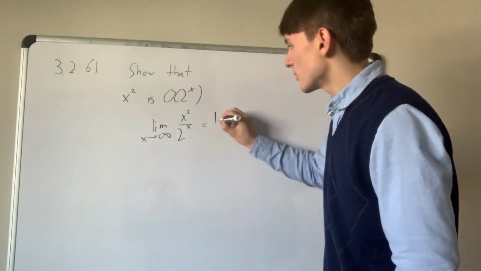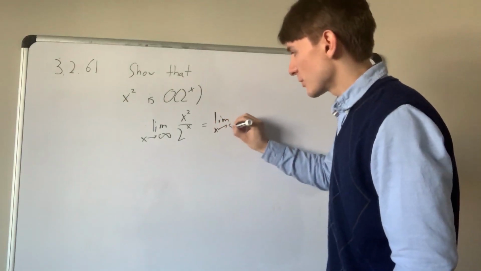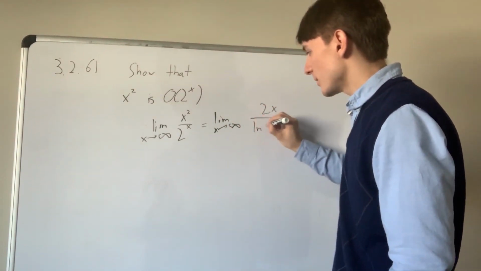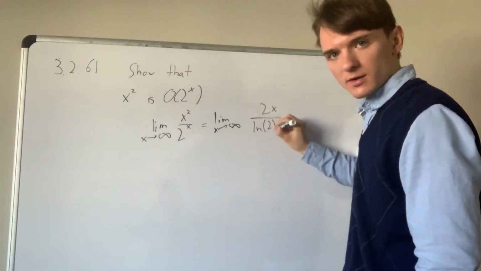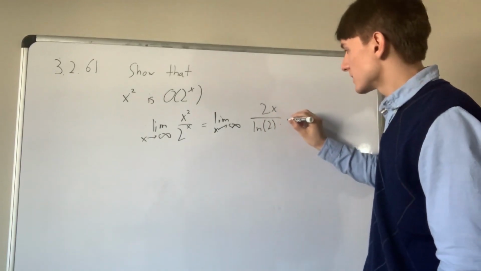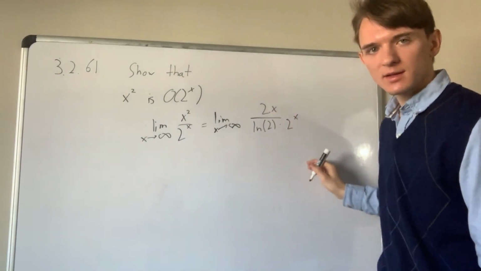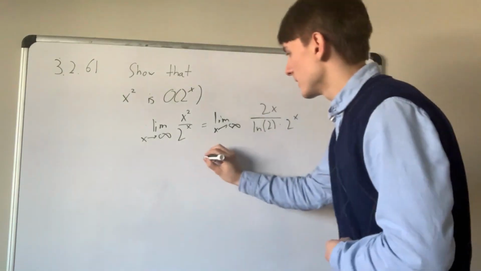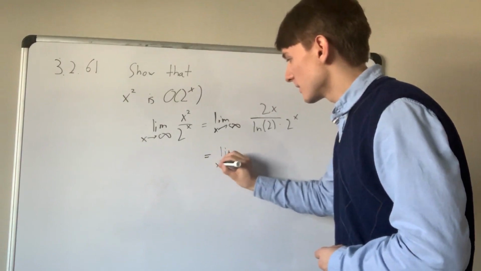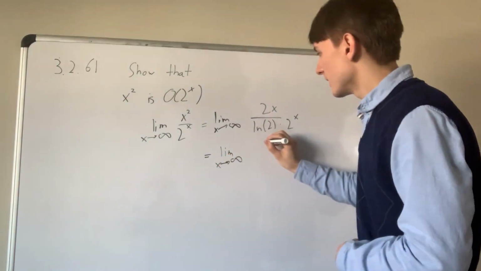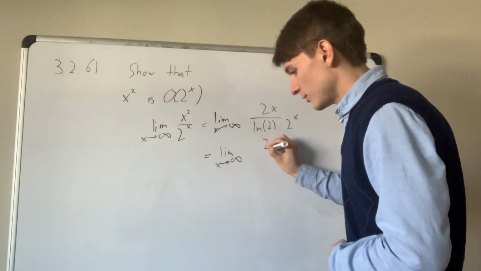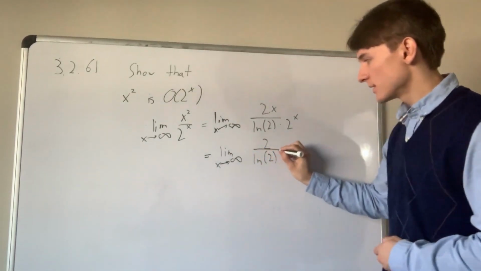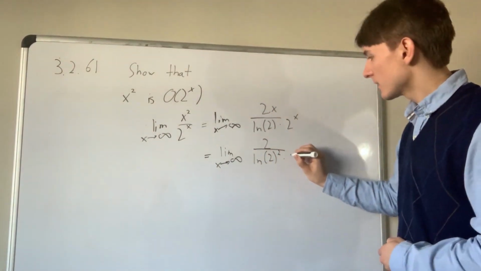So we say this is equivalent to the limit as x approaches infinity of 2x all over the natural log of 2 times 2 to the power of x. But we're still stuck, so we use L'Hopital's rule again. This is equivalent to the limit going to infinity of 2 all over the natural log of 2 squared, times 2 to the power of x.